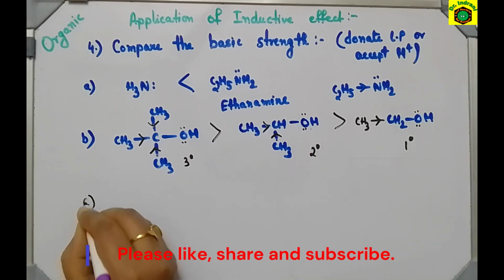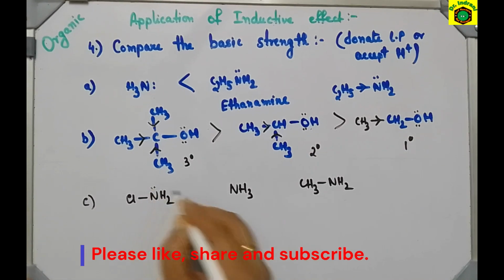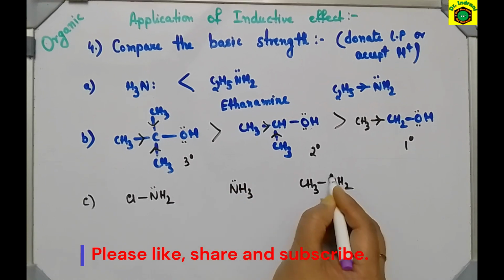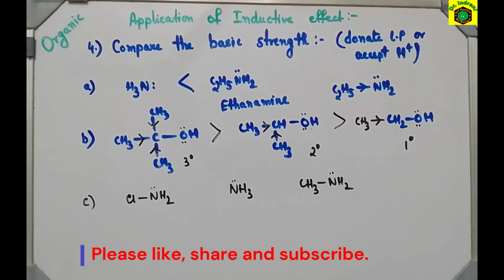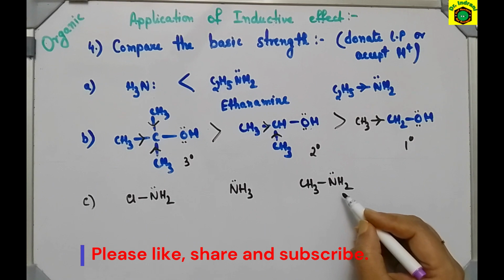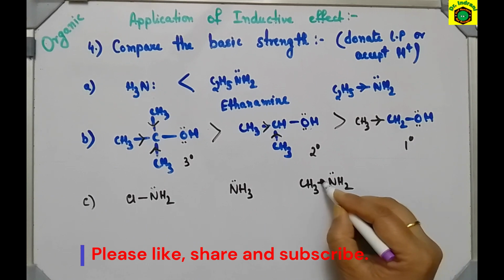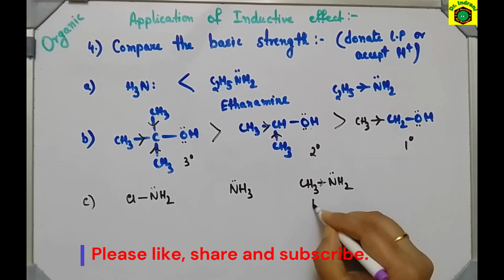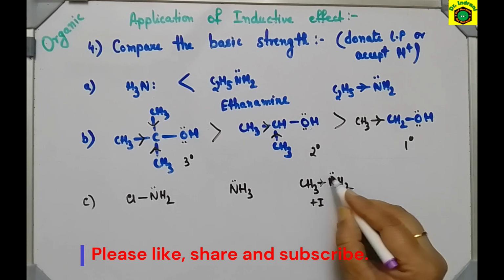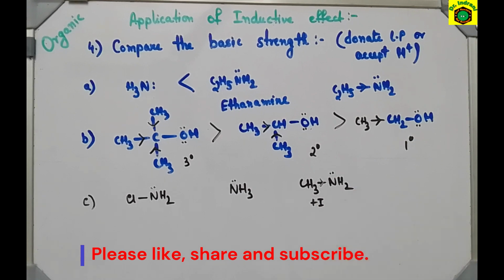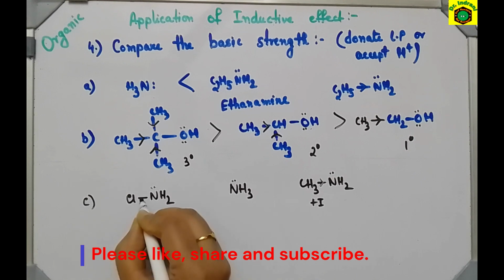Next example. Now see, these three compounds are basic. Nitrogen is having lone pair, it can donate this one. Here one hydrogen atom of ammonia is replaced by CH3 which is having plus I effect. So due to plus I effect, it is increasing electron density on nitrogen. And here Cl group is there.